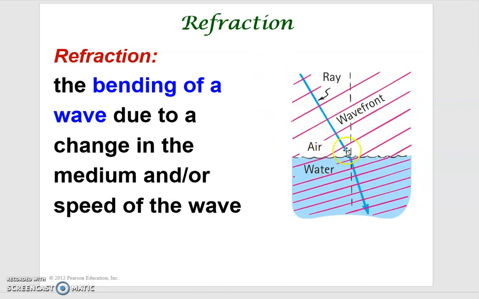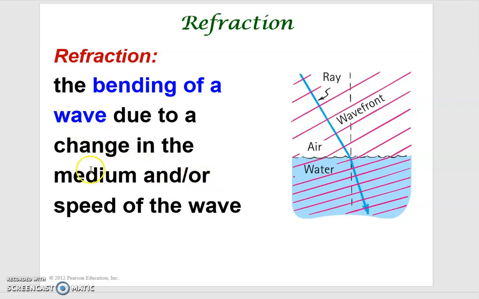Now the surface is in between the air and water, but it is not like the surface we just had before. Now the wave can actually penetrate into the second medium. However, it is no longer the same medium, so what will happen is that the wave will be bent.